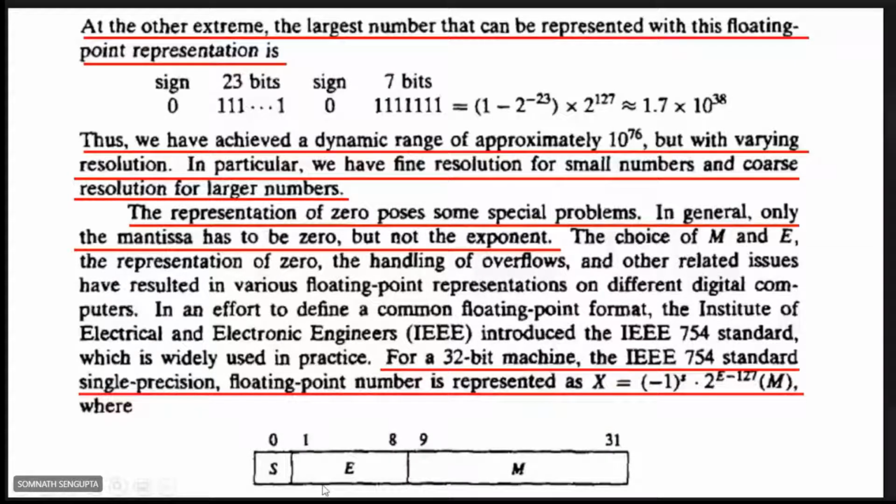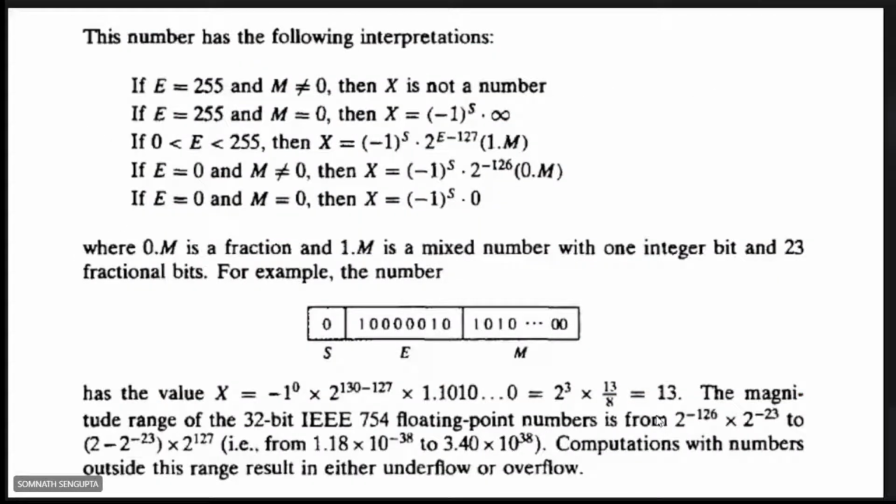First the exponent is written, and then the mantissa in bits 9 to 31. I'm not going into the detail of it. I have just given you the idea of how the number systems work.